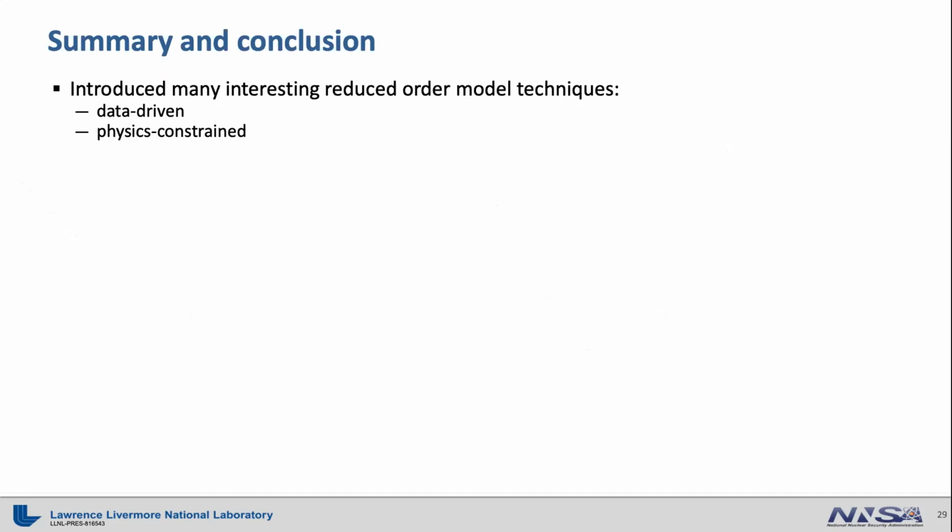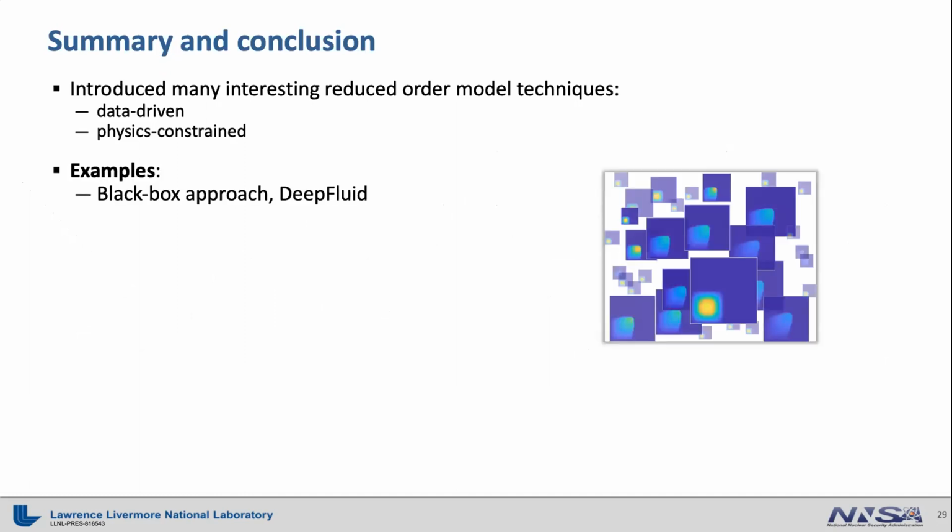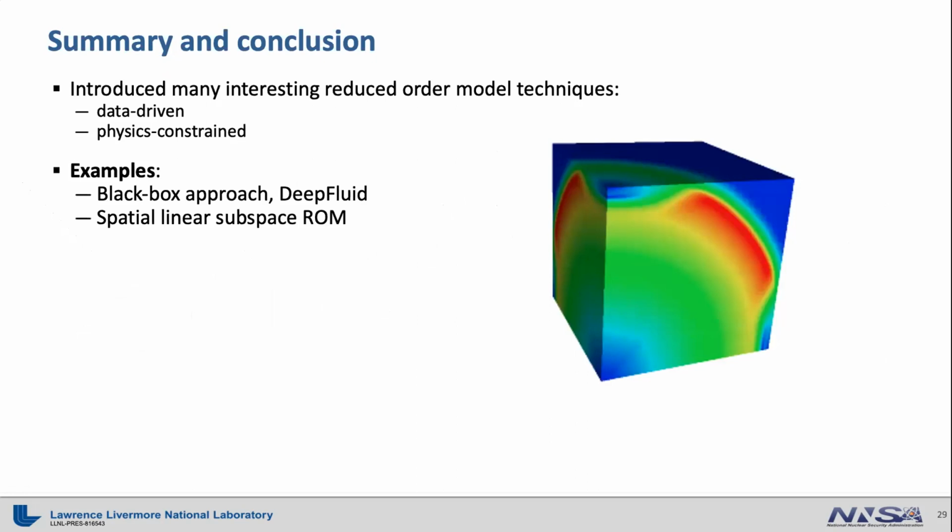I hope I have introduced many interesting reduced model techniques, data-driven and physics-constrained approaches. The examples I have shown you include the black box approach, DeepFluid on 2D Burgers equations, and the linear subspace reduced order models applied to various Lagrangian hydrodynamics, including the Sedov blast problem.